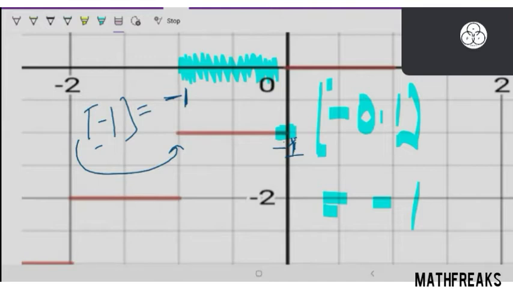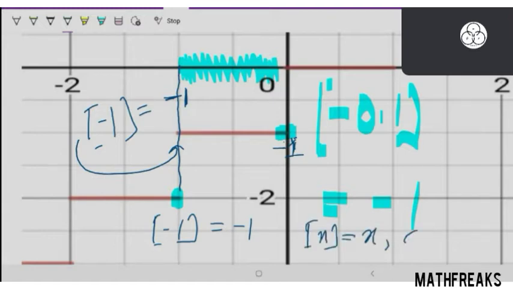What is the discontinuous point? It is this point. Because if we extend this, it will meet at -1. But we know that box of -1, since it is an integer, will be -1. Box of x equals x when x belongs to integers.